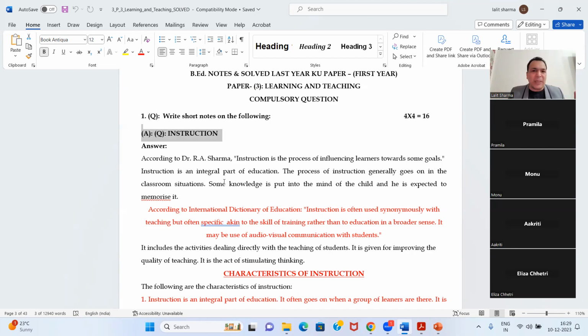In this teaching methodology course, there are different strategies and all the concepts related to the teaching-learning process.